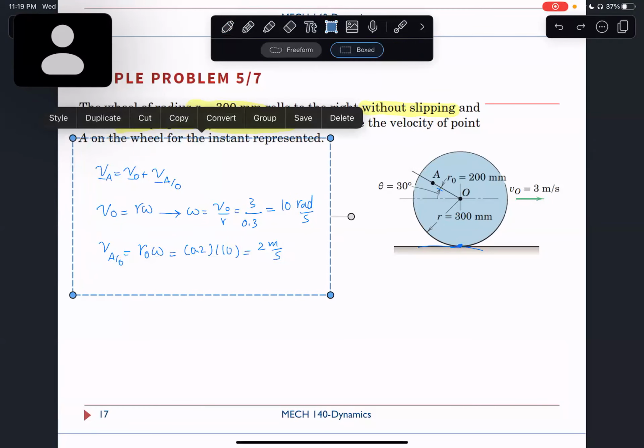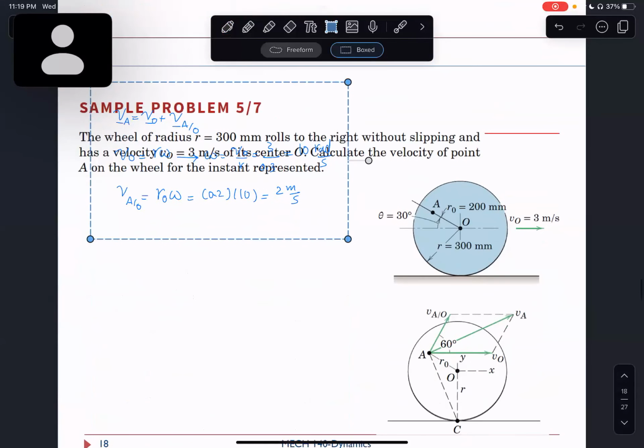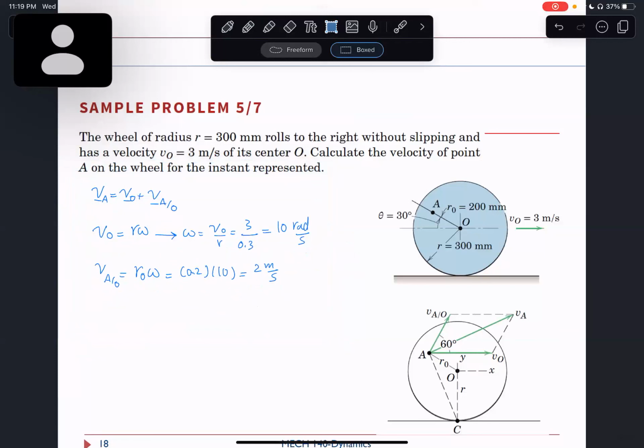Let me copy this and take it here. So I know that VAO is normal, or perpendicular, to OA. I also know that VO is to the right.